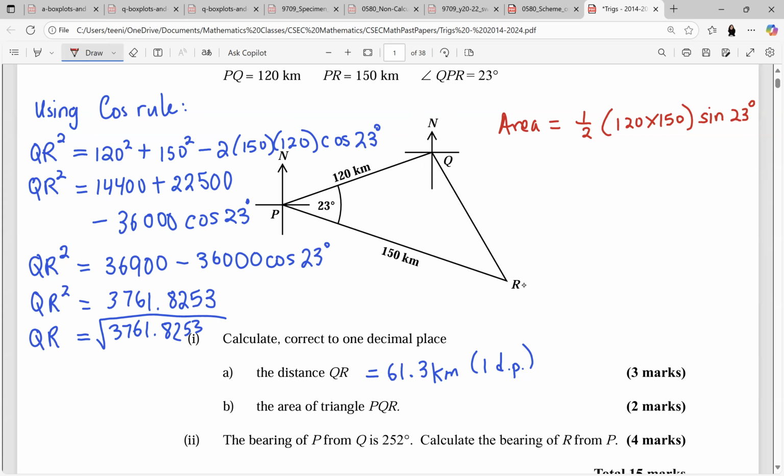I want every single person to type this into their calculators and tell me what it is. Maya, you will tell me the answer, please. What is the answer for the area of the triangle? Half times 120 times 150 by sine of 23.